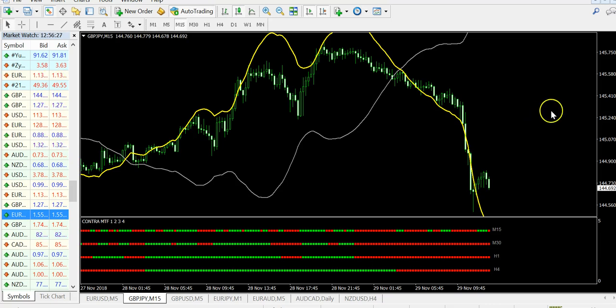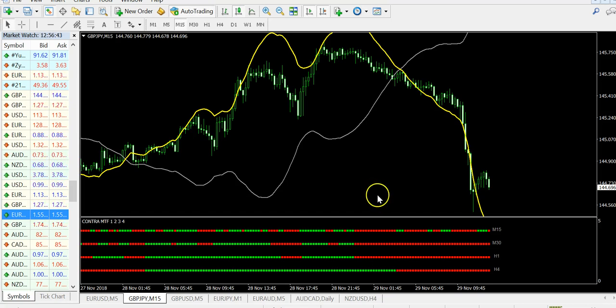So the first one is that the yellow line crosses the silver line, and then you have to confirm it with this Contra multi-time frame indicator.